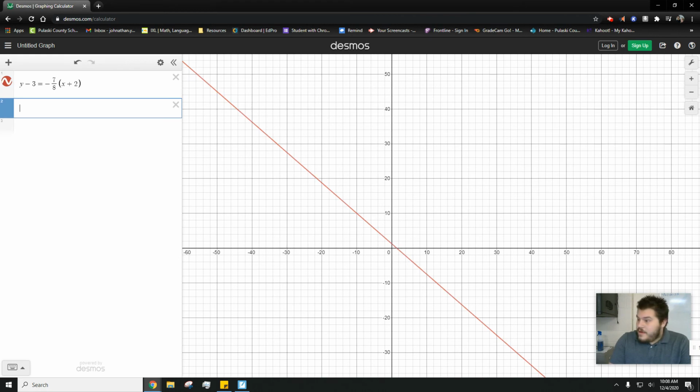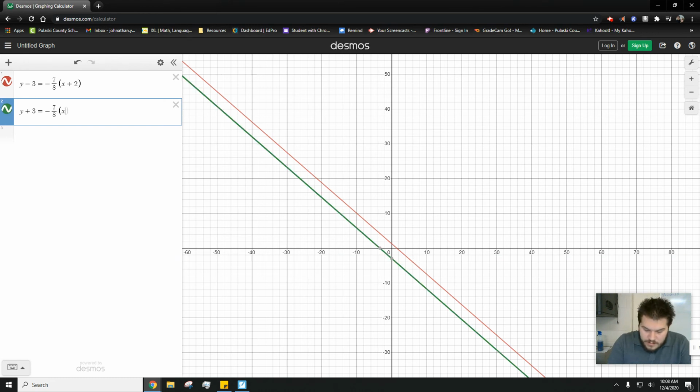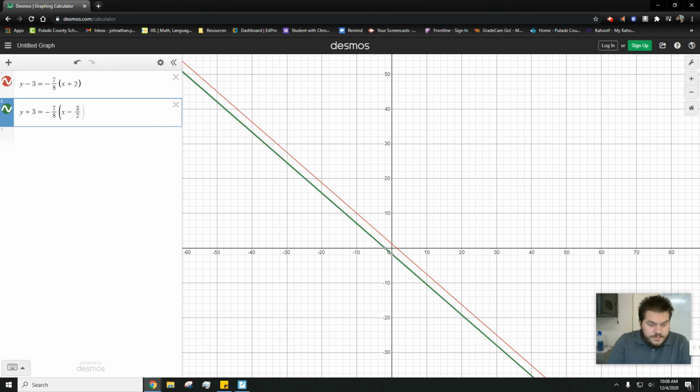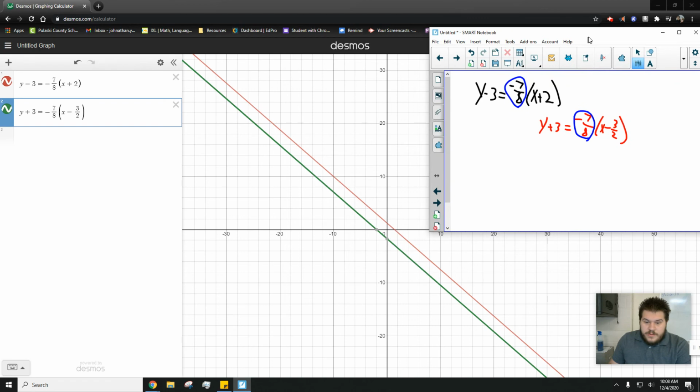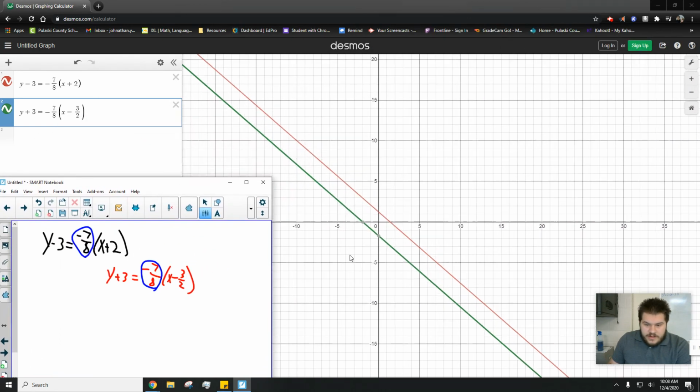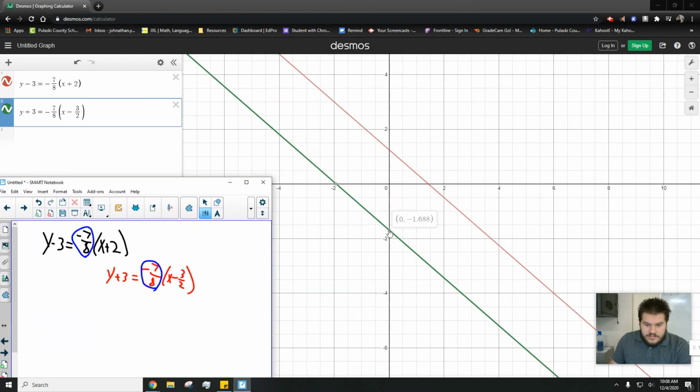And then y plus 3 is equal to -7/8 times x minus 3/2. Oops. There we go. So those are our two lines from before. And if we take a look, they're parallel. The distance between them isn't as easy to figure out exactly, but they are parallel.